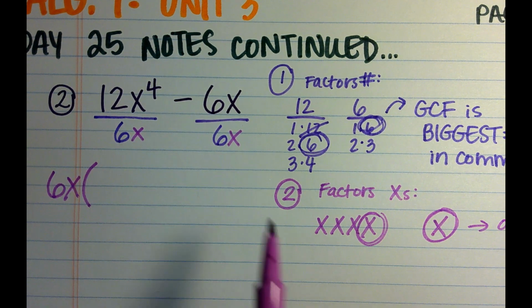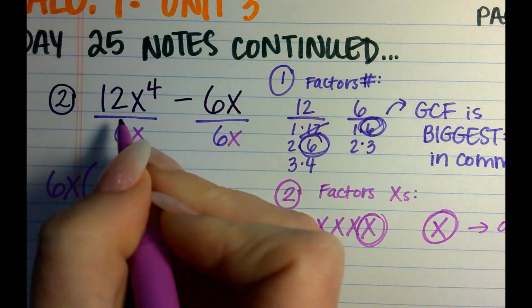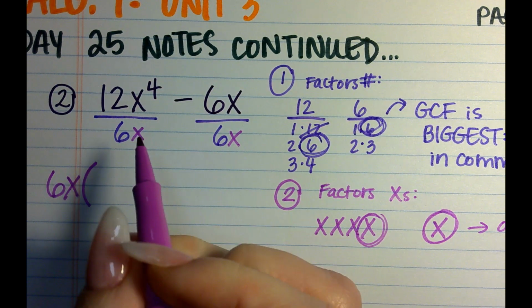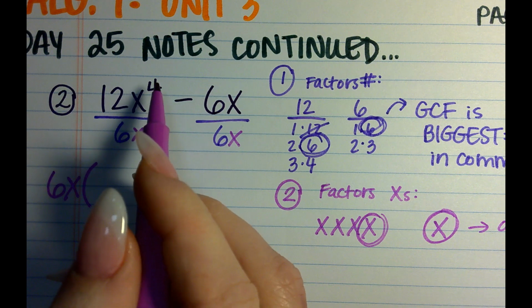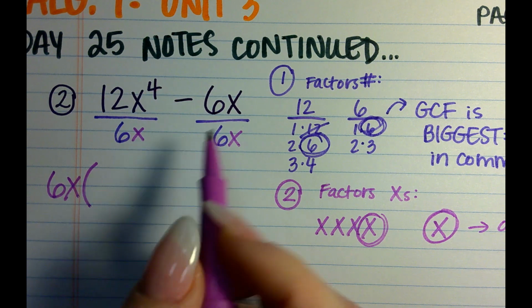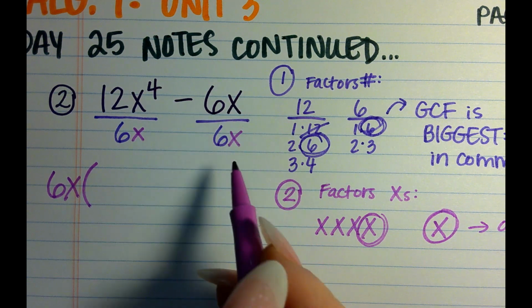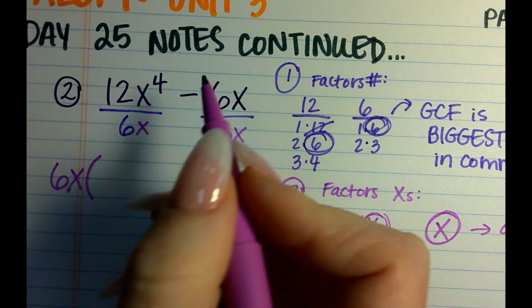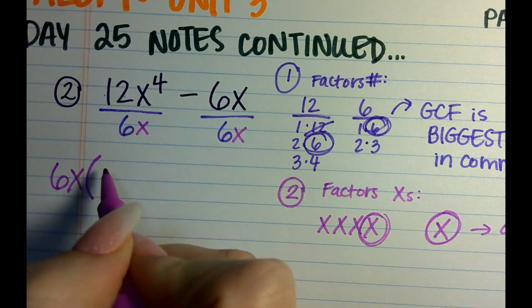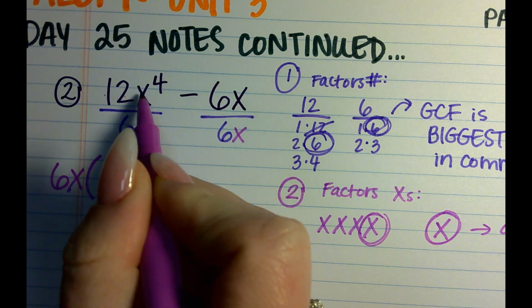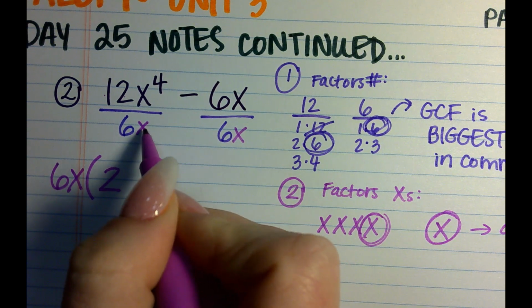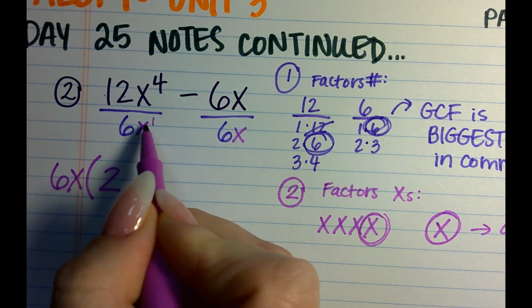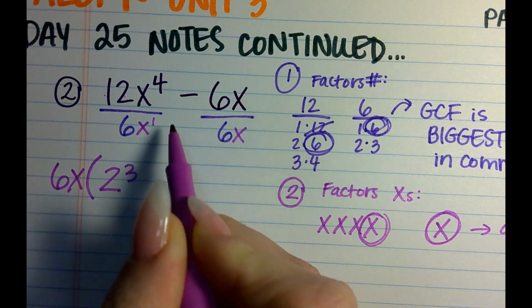And now I want to divide 12x to the 4th power by 6x and 6x by 6x. 2x to the 3rd power minus 1. Yes. 12 divided by 6 is 2. X to the 4 divided by x to the 1. 4 minus 1 is 3.